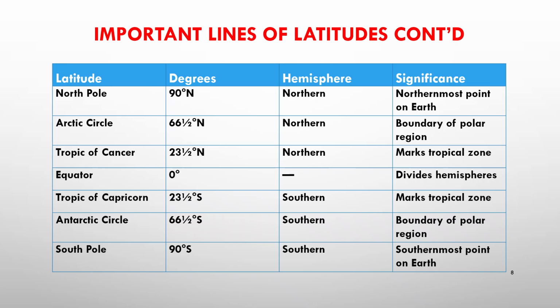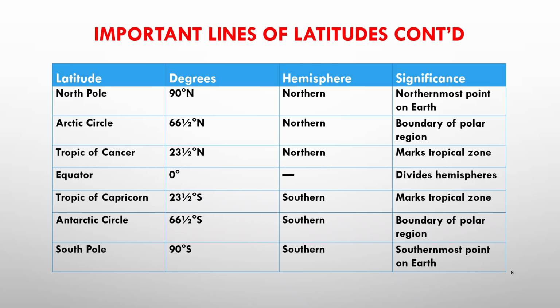Okay, so we're looking at this table. We have the important lines of latitude outlined. Let me present this information in a more structured format so you can see the relationship clearly. I'm going to walk you through this table that summarizes the 7 important latitudes.